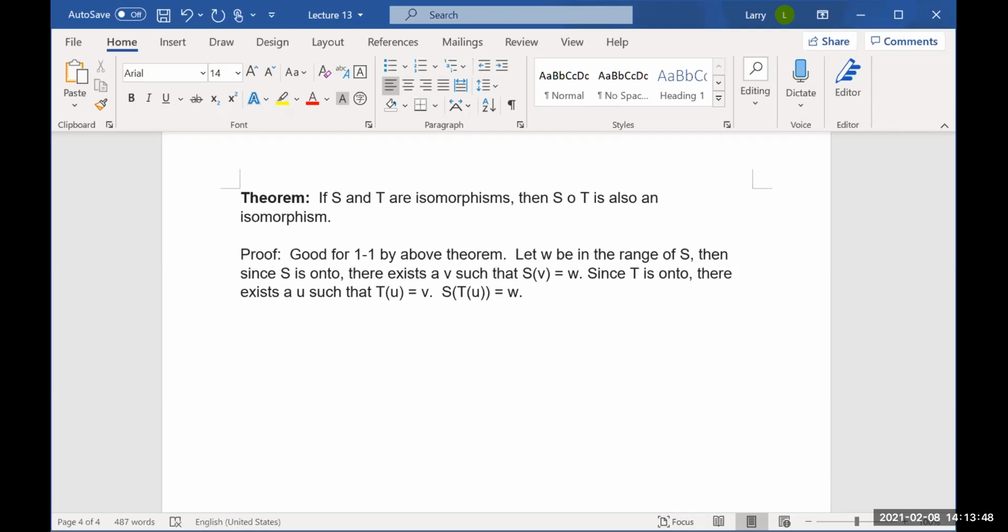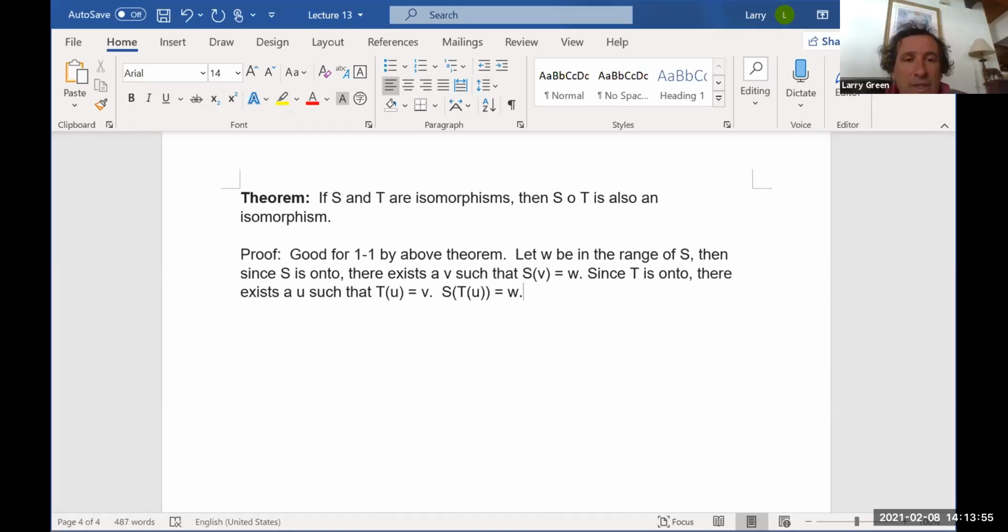Do S and T have to be the same dimensions if they're matrices? Yes. So let's call it A and B, because we typically use S and T for the transformations, and then A and B for the matrices that correspond to those S and T. Does that make sense? Yeah.